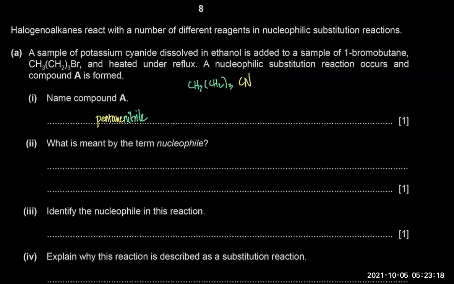Nucleophiles always donate a pair of electrons, so a species that donates a pair of electrons. You can even simply say electron pair donor.